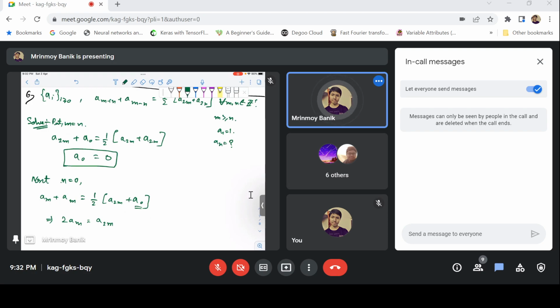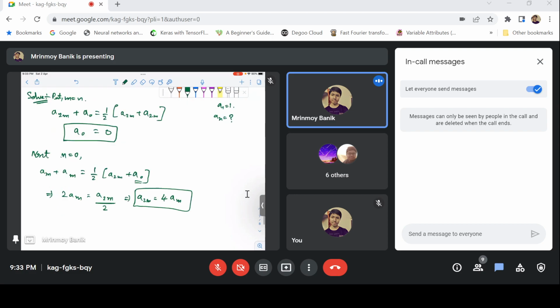Right, so, no, sorry, we have a half here. So a_{2m} is 4 times a_m. That is, a_{2m} is 4 times a_m, then 4 squared times a_{m/2} and so on.